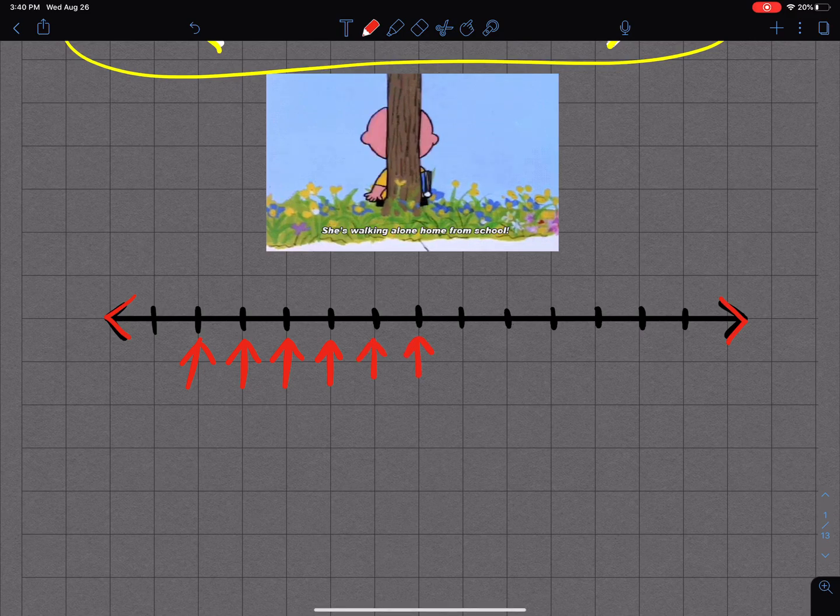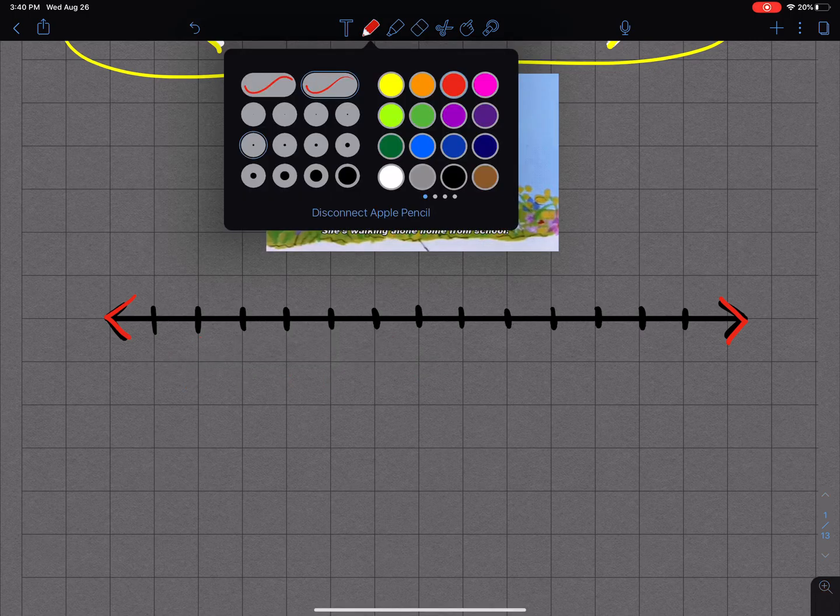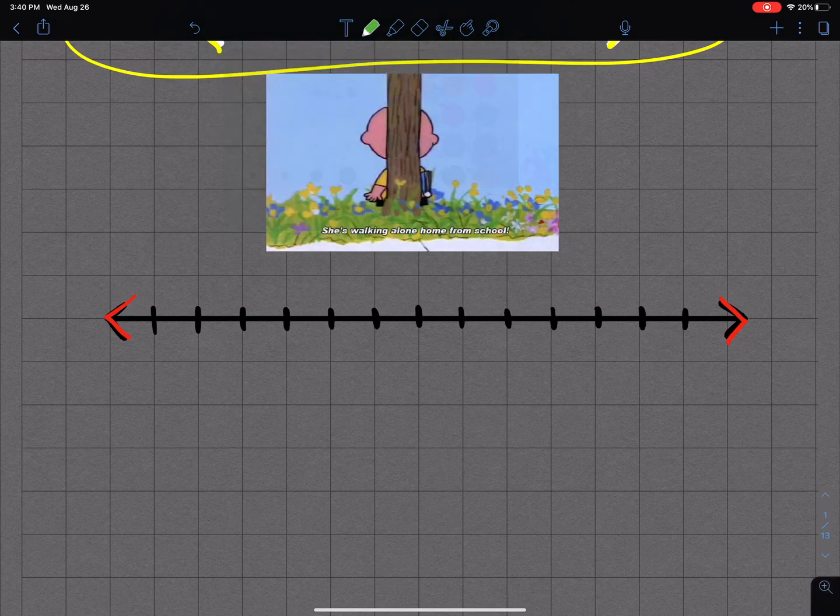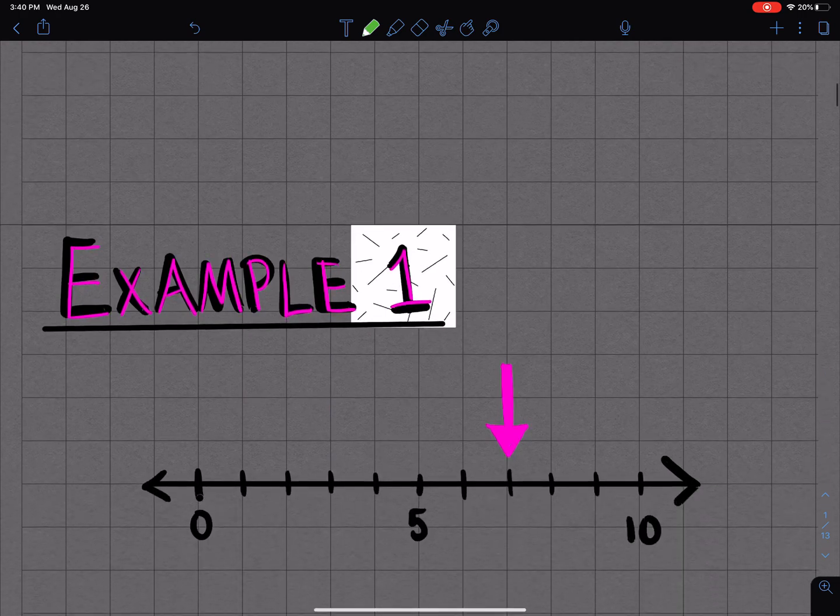And then what you do is you label the tick marks with some sort of number. We might do like 0 here, and then you could do 1, 2, 3 like that. And then you could even do negative numbers on the other side, right? So that's a number line. It has tick marks, and all the tick marks are labeled. Okay, so I think you understand that.